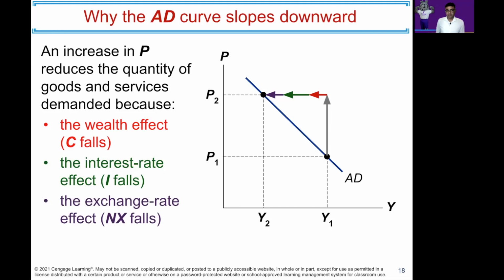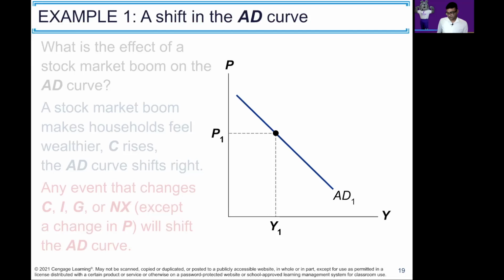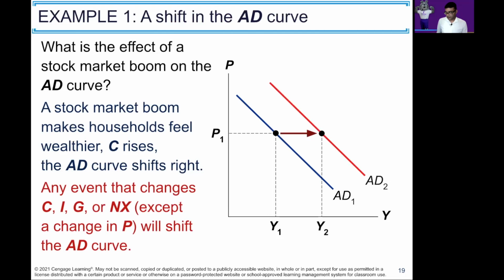So what I'm trying to explain here is that the demand curve is downward sloping because of your wealth effect, the interest rate effect, and the exchange rate effect. Now let's move on to the next concept, which is shift in the aggregate demand curve.